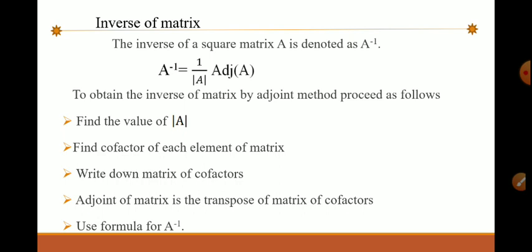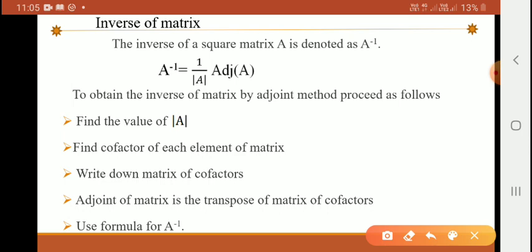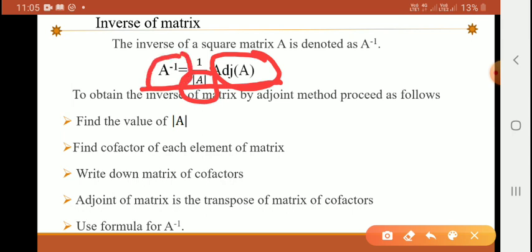Then write down the matrix of cofactors. Then adjoint, which means transpose of the matrix of cofactors. After finding the adjoint, use the formula for A inverse. Now you have calculated the adjoint and determinant. Substitute those values in this formula, then you will get the value of A inverse.